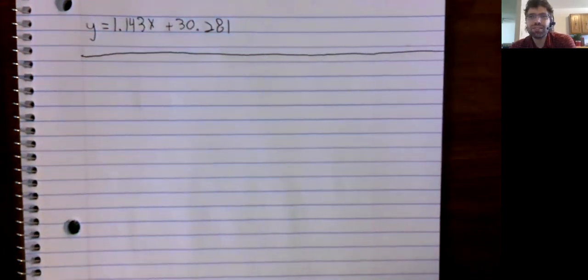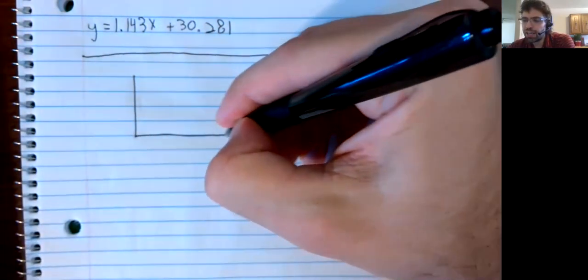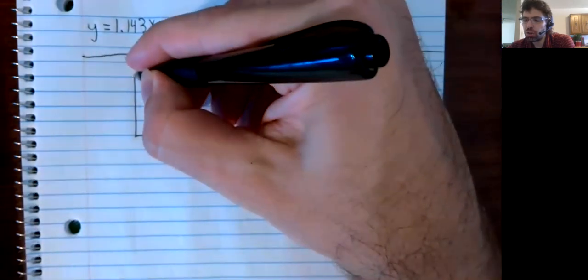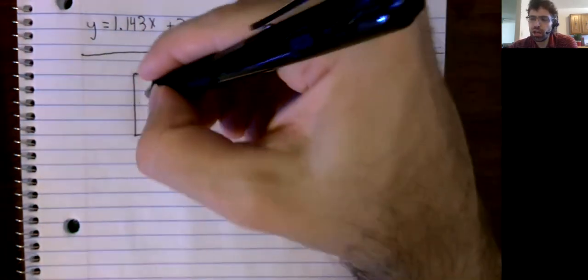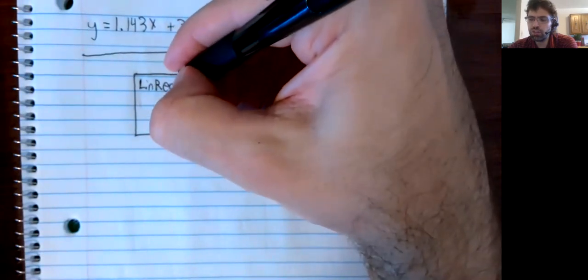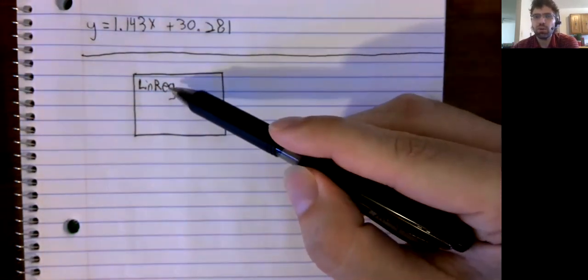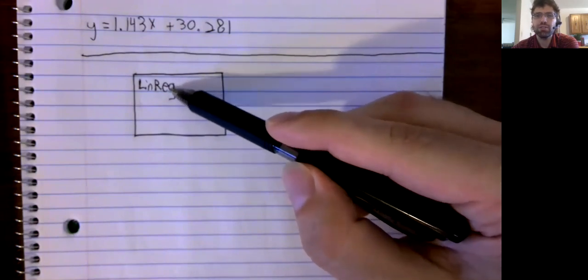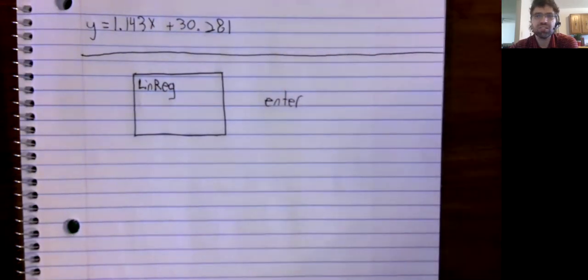But if you're on a TI-83 calculator, then when you select the linear regression command, you should just be taken back to your home screen with the word linreg up here. You're going to press the Enter key and the linear regression will be done.